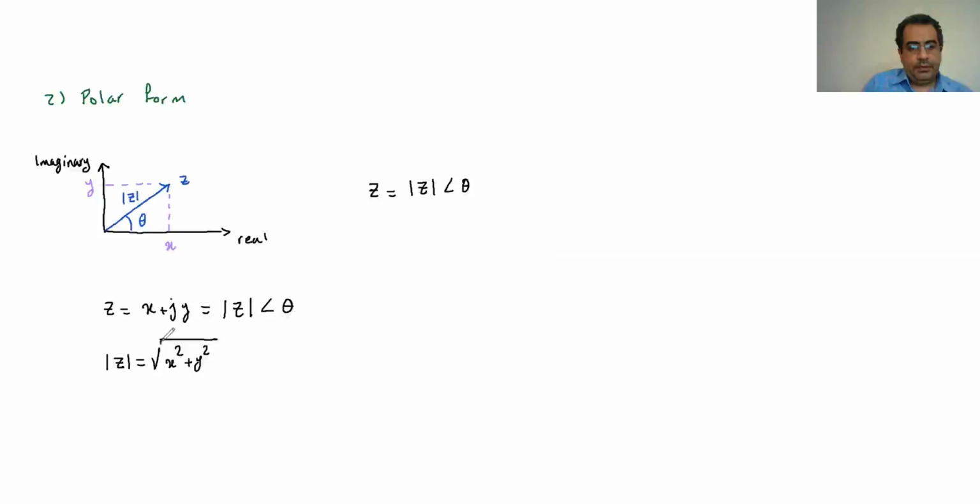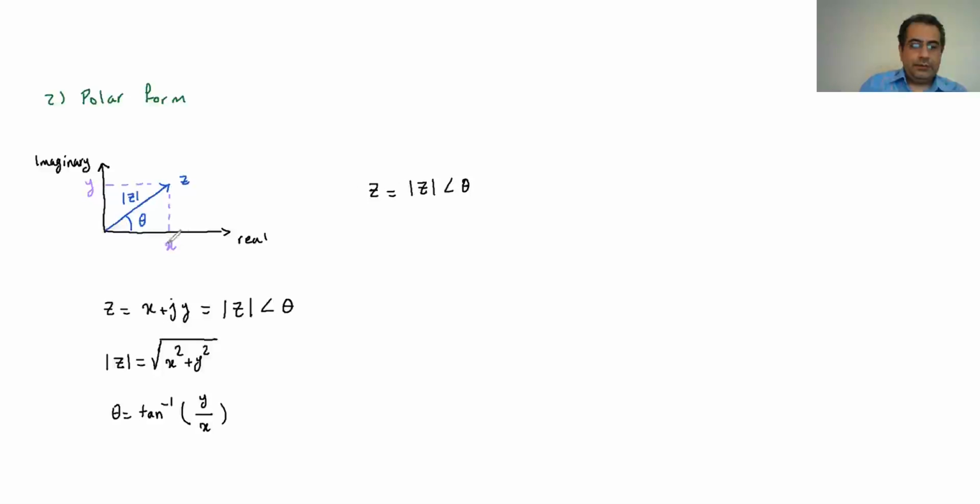And the theta, the angle here, is tangent inverse of y over x. In this triangle, look here, it's y over x. So the tangent inverse of y over x. And that we have it.